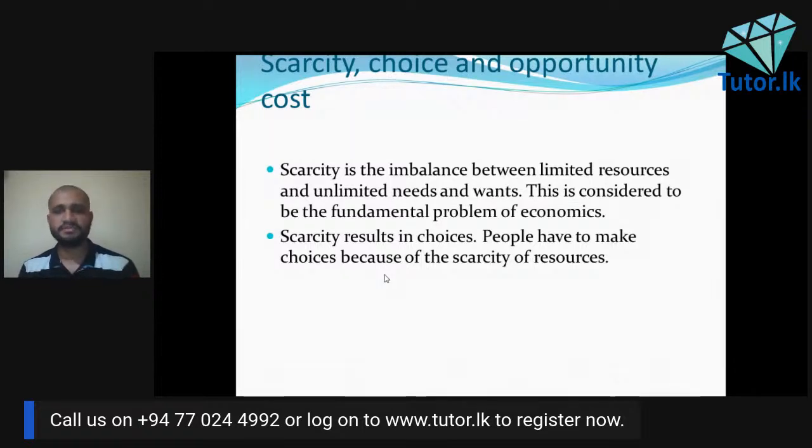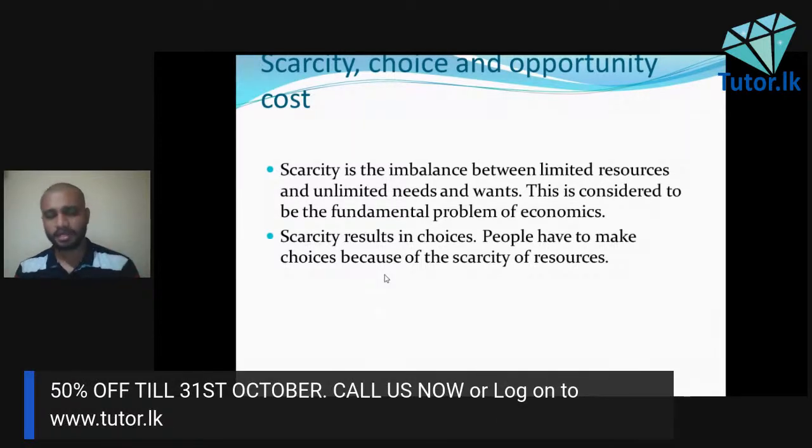Then what's the next option? Let's take a simple example. The company has 50 employees. Forget about other factors. And they have identified four projects, A, B, C, and D. Each project will require 50 employees.